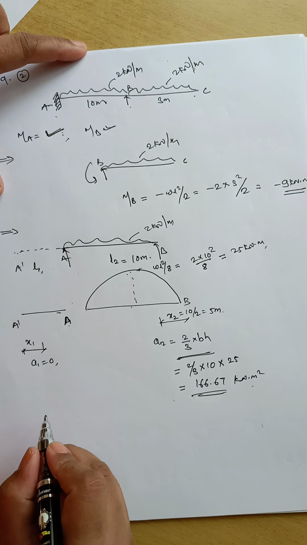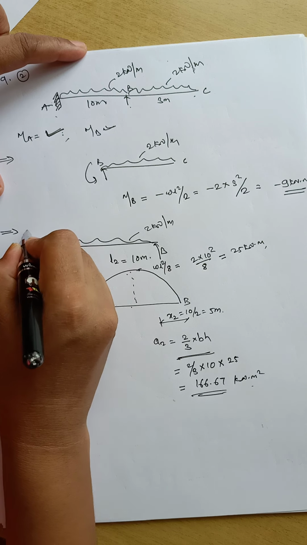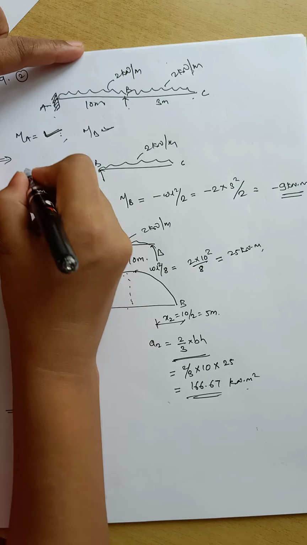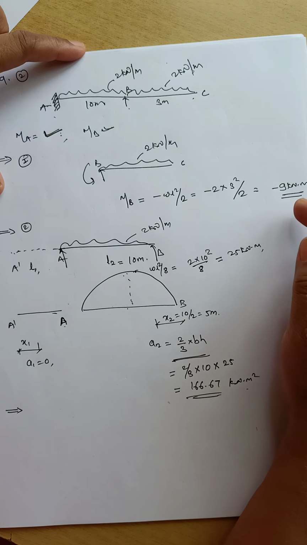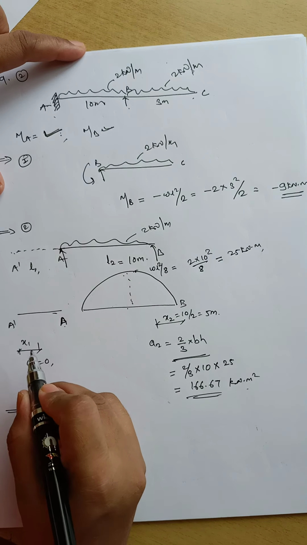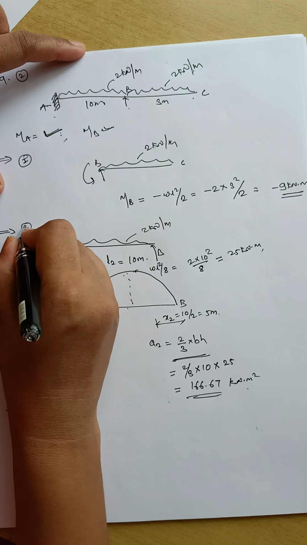Now next, step number 2. Suppose this is step number 1, where we analyze the overhang portion, then calculate x1 A1, similarly x2 A2. This is step number 1.